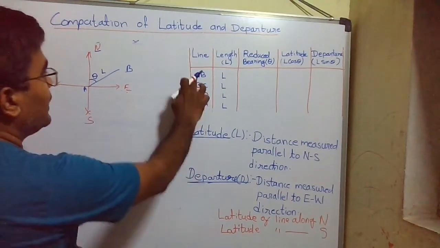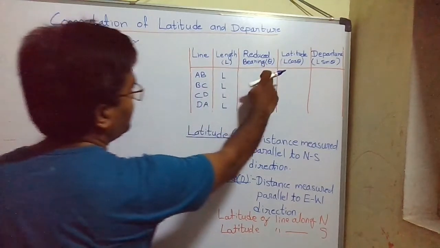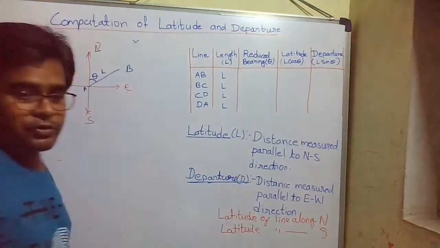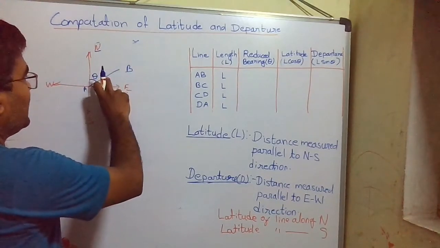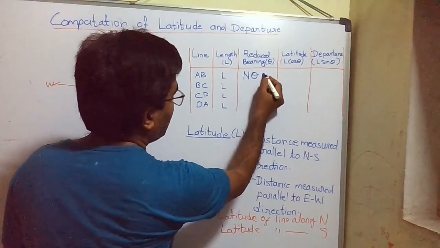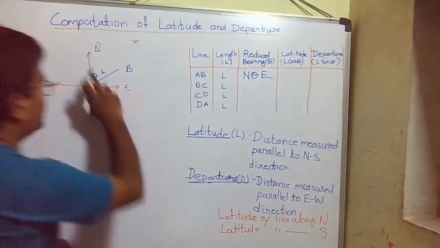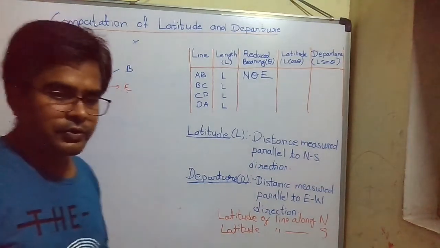I have made the table here: the line length, reduced bearing, and the latitude and departure of this line. Here, this is the line AB whose length is L and whose reduced bearing is north, theta, east.